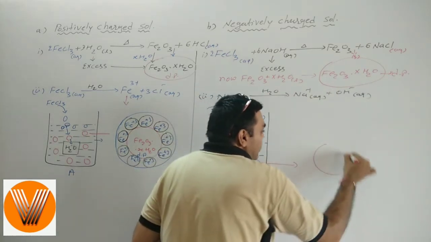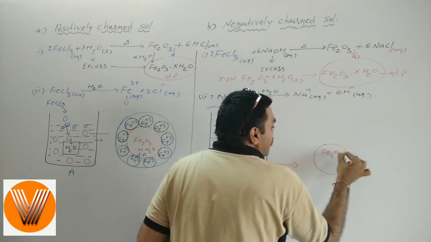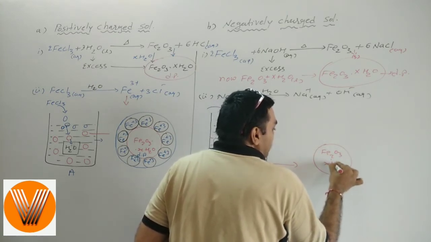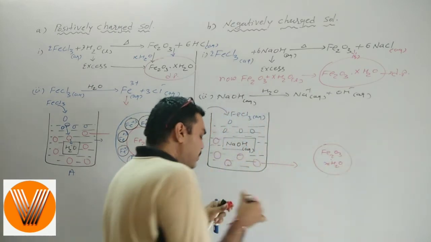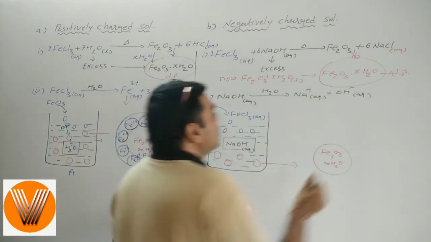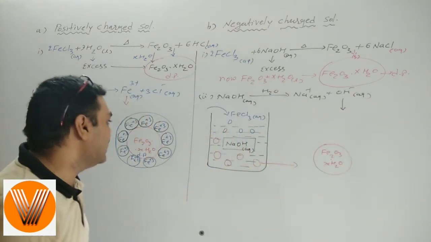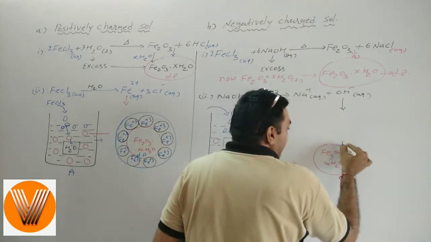You can find in this that Fe2O3.xH2O, the dispersed phase precipitate particles, are formed, by which the negative ion OH- is attracted.